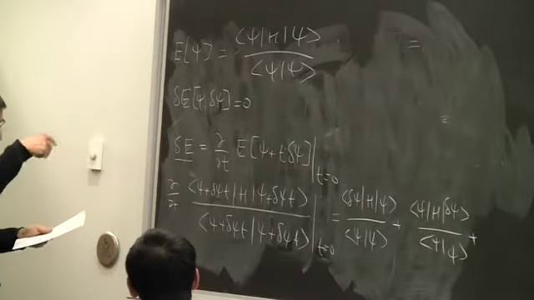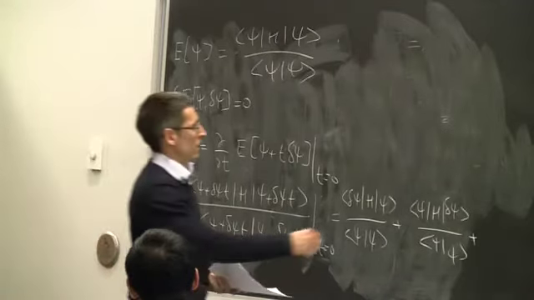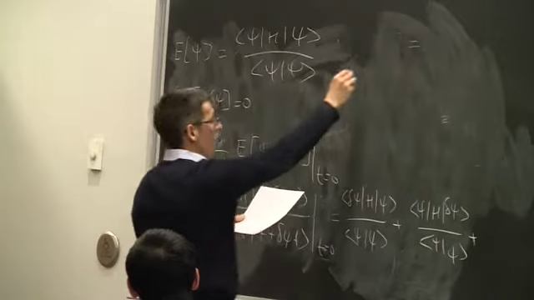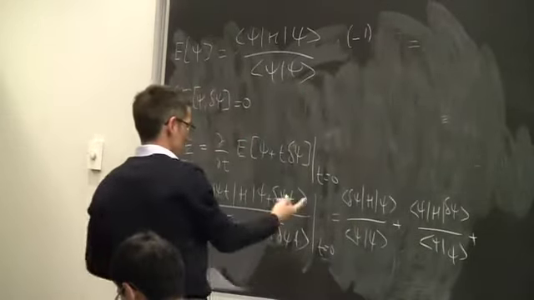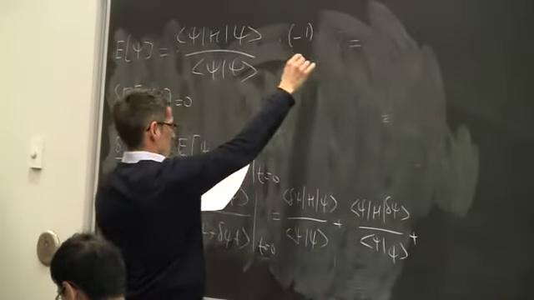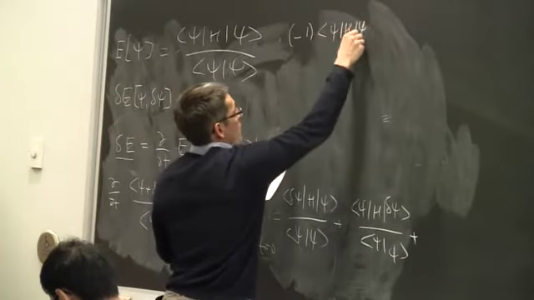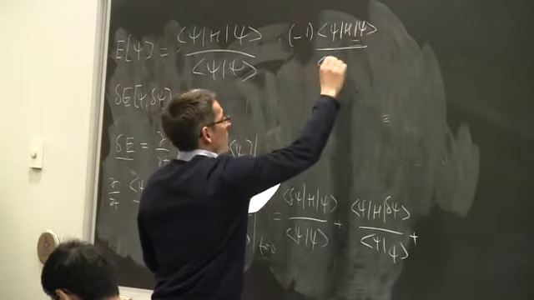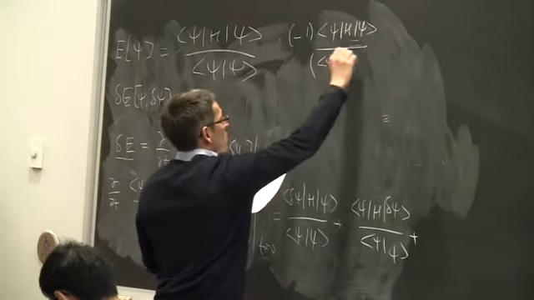Then there is a differentiation of denominator, and then what you will have is -1, because it's a minus first power, you can think of, and then you have psi, h psi, divided by psi squared.